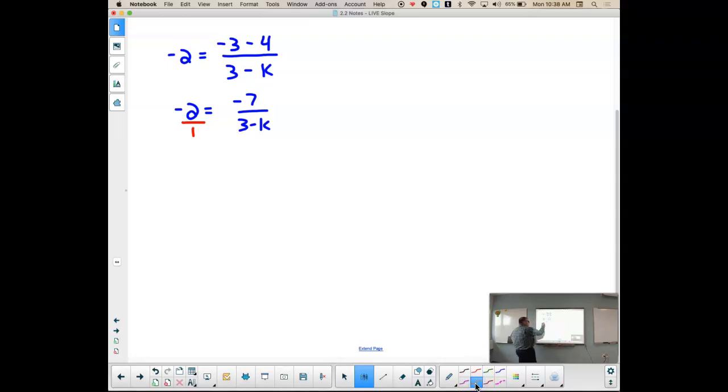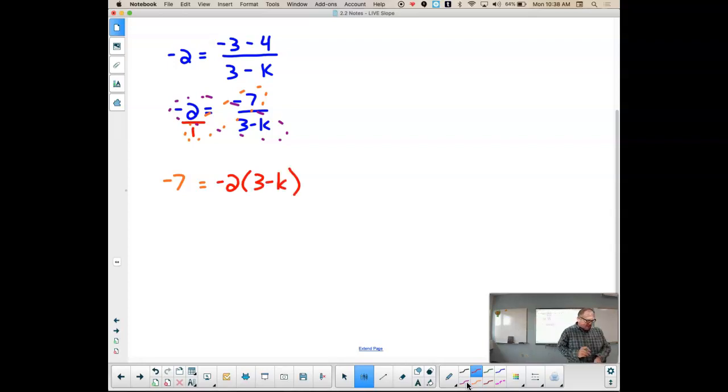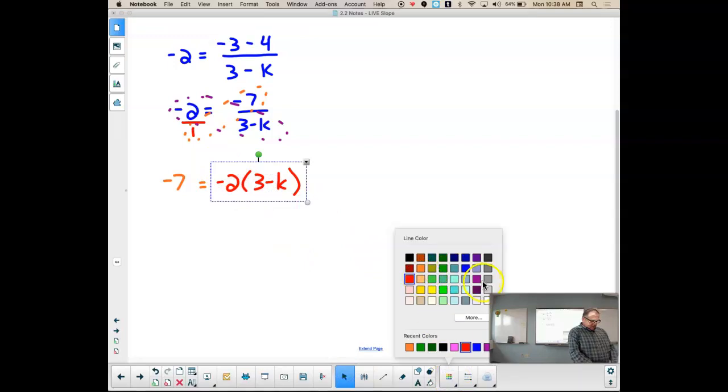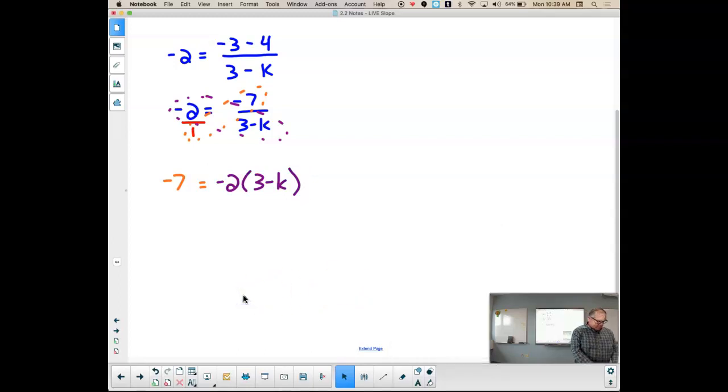When I cross multiply, I get 1 times -7 is -7, and I get -2 times 3 minus k. I don't know why it's switching back to red all the time. That was supposed to be the purple.